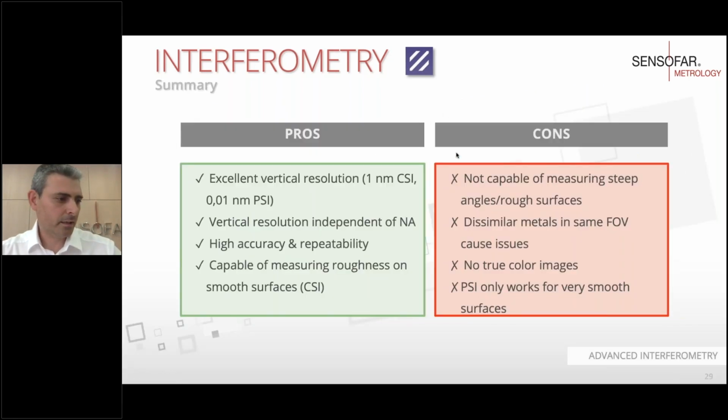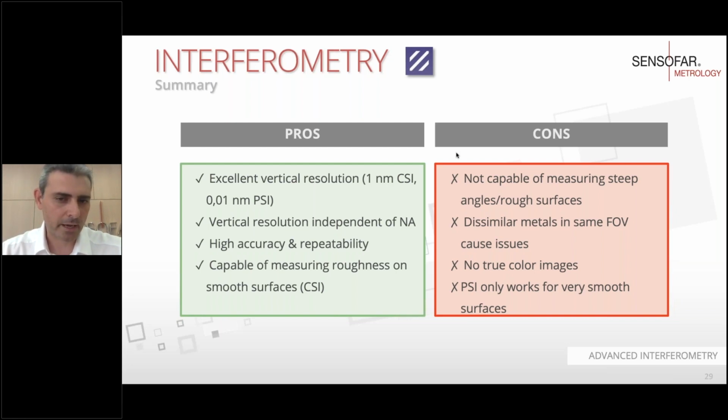So that's a summary of these two technologies. The benefit of interferometry in general is that you have excellent vertical resolution that does not depend on the numerical aperture, like we saw in other webinars, where you have a dependence on the numerical aperture.